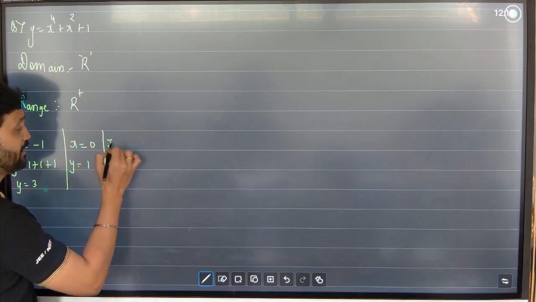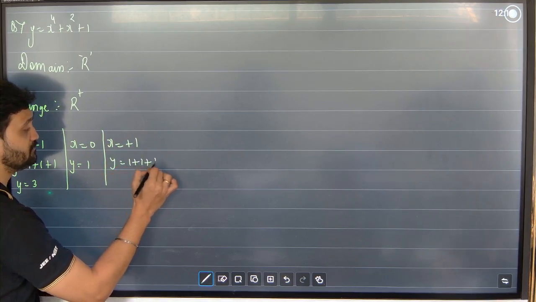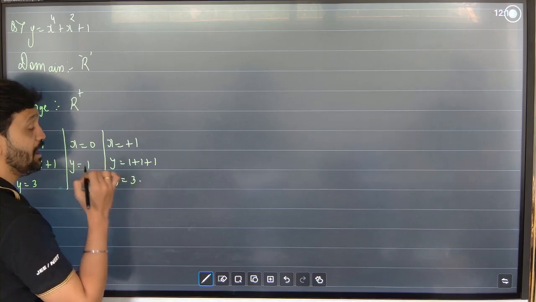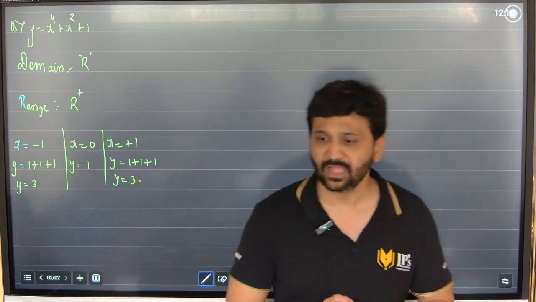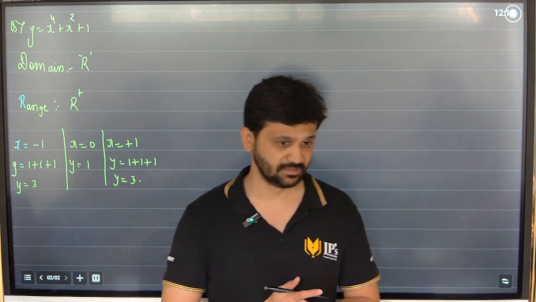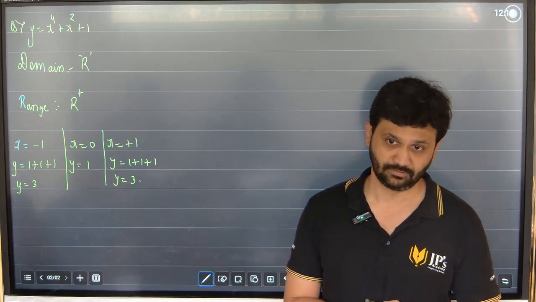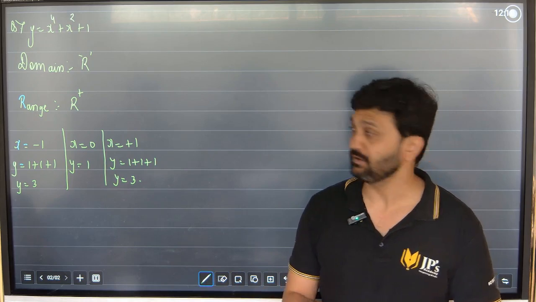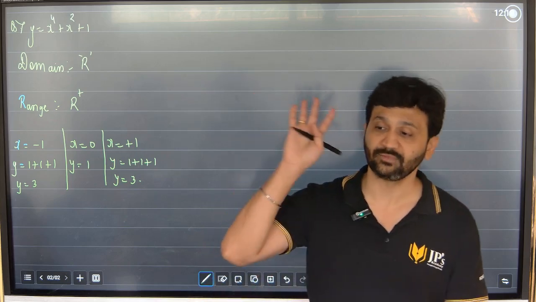And if I take x as positive 1, I'll still get 1 plus 1 plus 1, which is equal to 3. Under no circumstances, repeat again, under no circumstances will I get an answer that is negative. For even degree polynomial, my range will never be negative. It will be from 0 to infinity, basically positive.